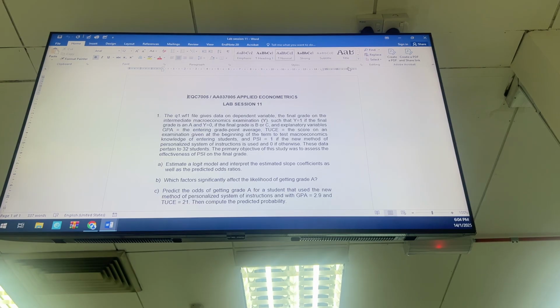So we can have enough check. This room is able to accommodate up to 90, but we have 80-something, I think 82 students registered for this course.